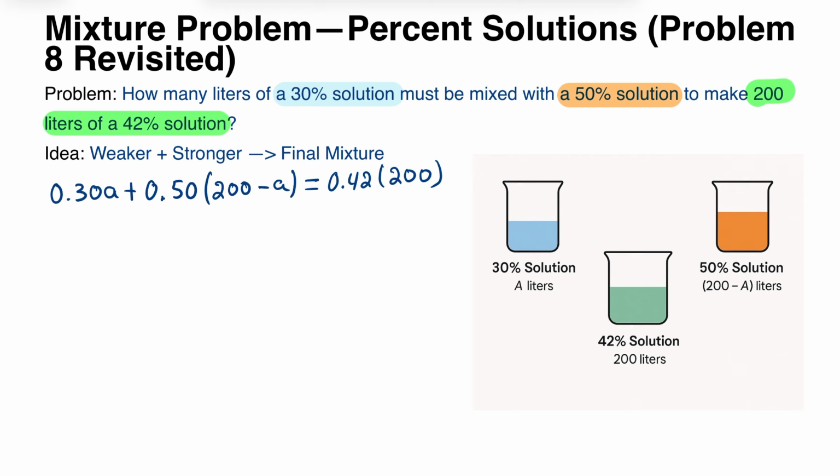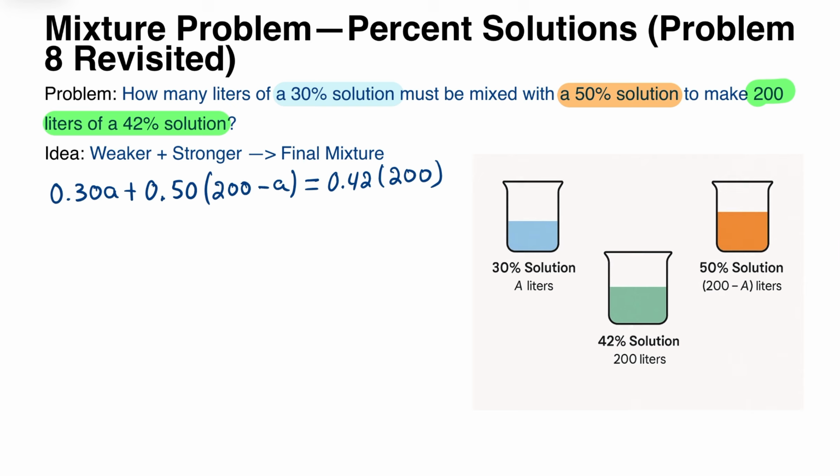Okay, so let me go ahead and explain what's going on here. Each part represents the amount of pure substance. So we have 30% of A plus 50% of the rest, which equals 42% of the total.